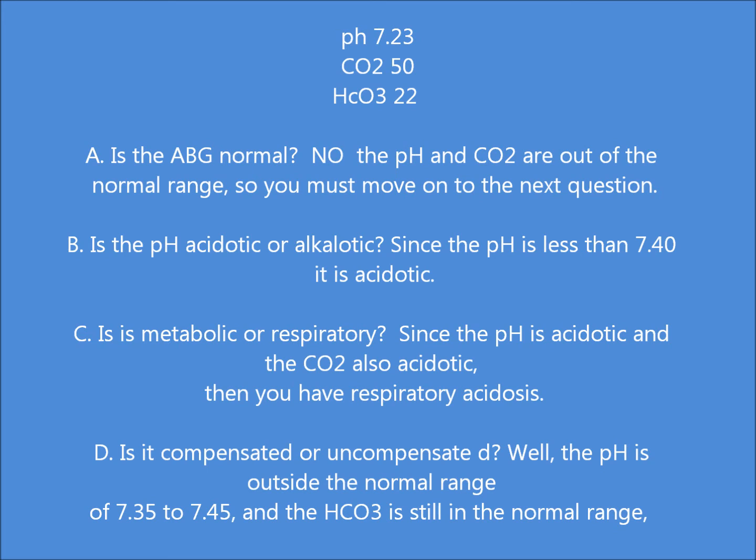Is it compensated or uncompensated? Well, the pH is outside the normal range of 7.35 to 7.45, and the CO2 is still in the normal range. This is an example of an uncompensated respiratory acidosis.